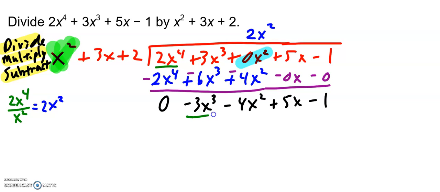So now I'm going to take negative 3x to the third, and I'm going to divide it by x squared. So negative 3x to the third divided by x squared is going to be negative 3x. So I'm going to write minus 3x. That was my division step, and now I'm going to multiply.